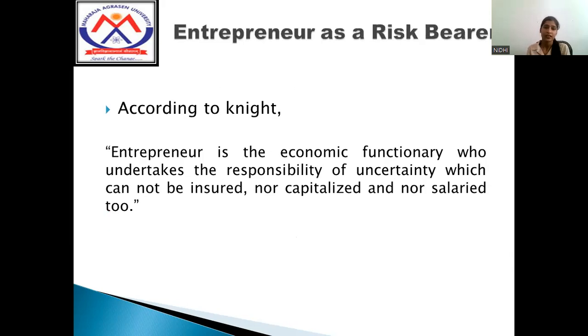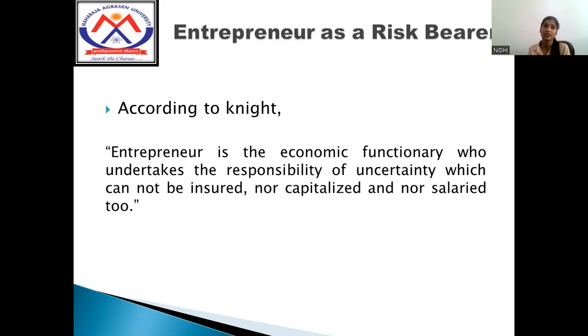The next theory is given by Knight. He has termed the entrepreneur as a risk bearer. The entrepreneur is the economic functionary who undertakes the responsibility of uncertainty, which cannot be insured, nor capitalized, nor salaried. It is really a risk.